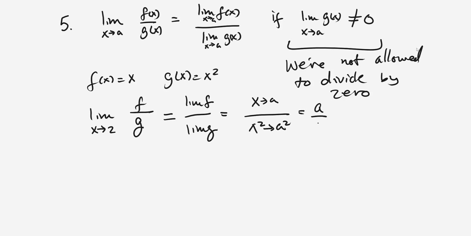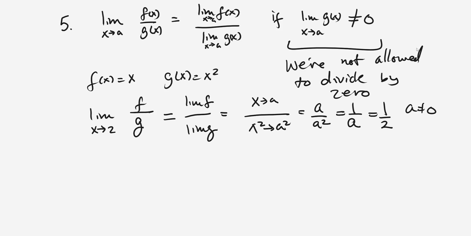So we get a divided by a squared, which is just 1 divided by a. And we've assumed that a is not equal to 0, and in this case, a is 2. So we have a half.